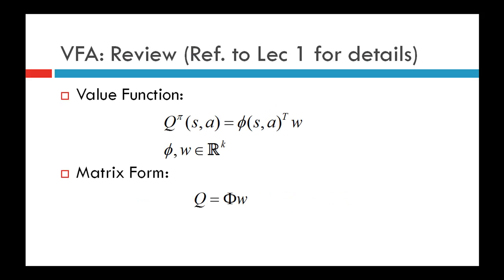In general, the exact representation of the state action value function in a matrix form is not possible, because if the domain is continuous, then the number of states, |S|, is going to be infinite.